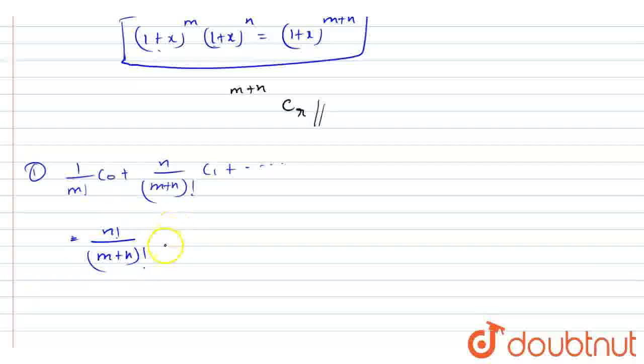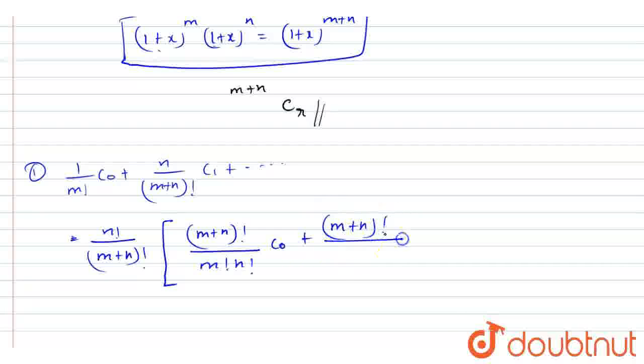So the values become (m plus n) factorial divided by m factorial and n factorial into C0 plus (m plus n) factorial divided by (n minus 1) factorial and (m plus 1) factorial into C1, and then up to the last.